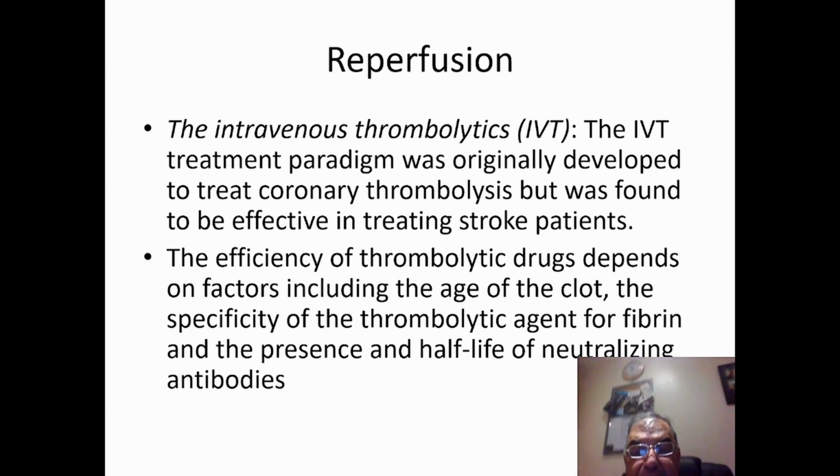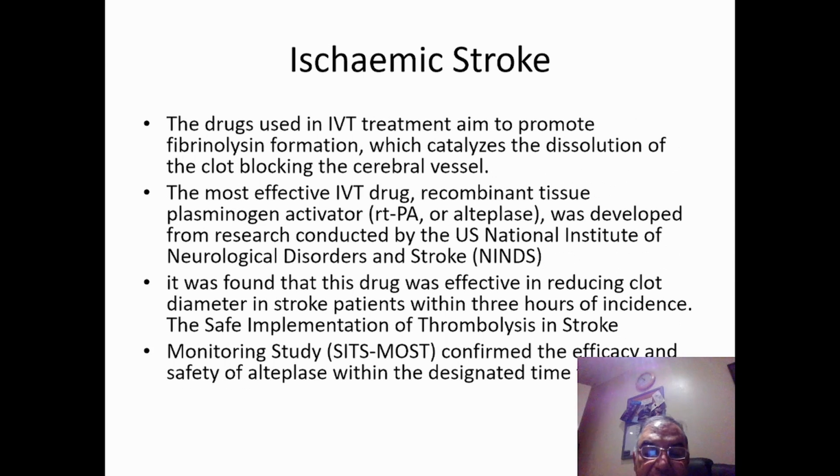Now, basically, the efficacy of thrombolytic therapy depends on the age of the clot, the specificity of the thrombolytic agent for fibrin, and the presence of neutralizing antibodies. Basically, the drugs used in intravenous thrombolysis aim to promote fibrinolysin formation, which leads to dissolution of the clot blocking the cerebral vessels.